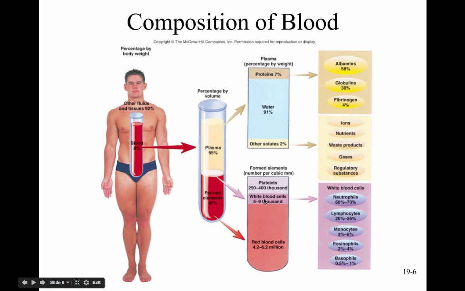There are some white blood cells and platelets in that formed element portion, called the buffy coat. And then the plasma, most of it is water. There are some proteins and other solutes like the ions, nutrients. So this just shows a breakdown of the different blood components.